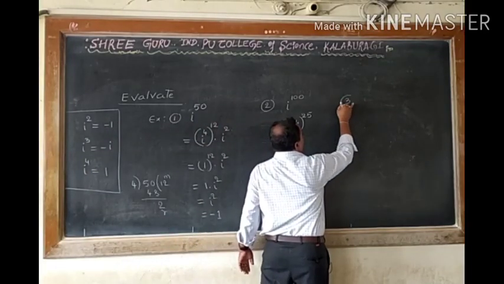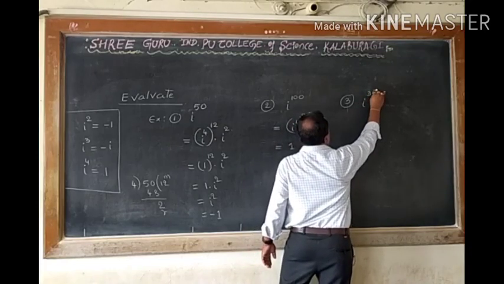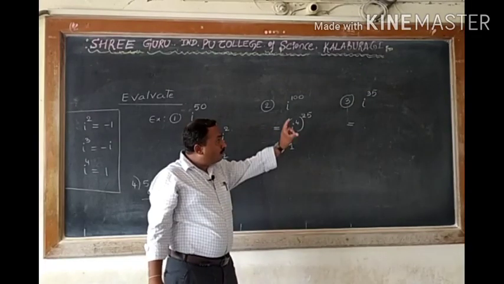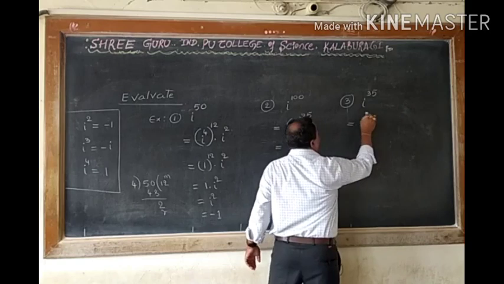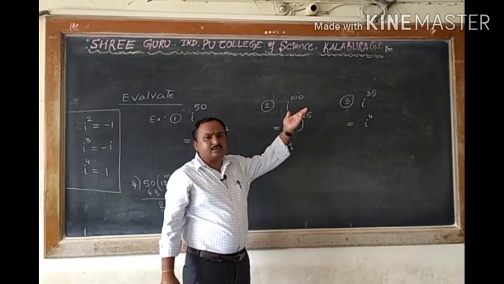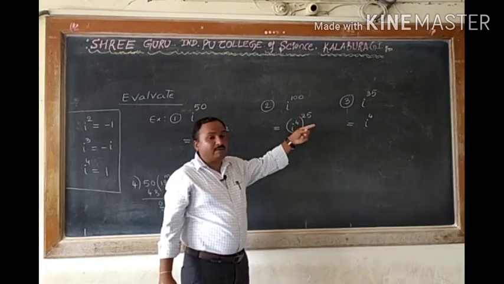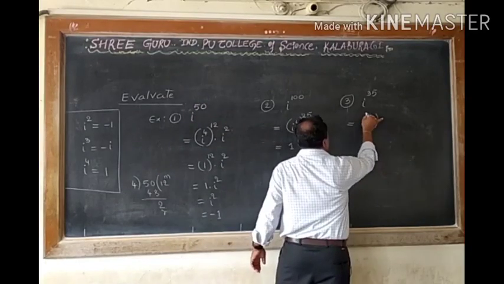Take another example, i to the power 35. Convert to base 4 form, i to the power 4 or i squared, but the simple method is that i to the power 4 is 1.